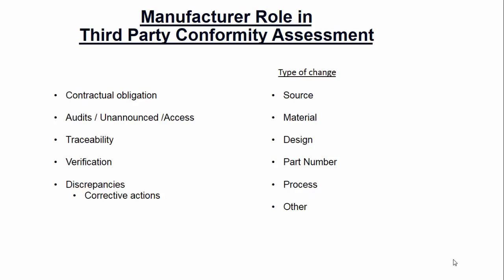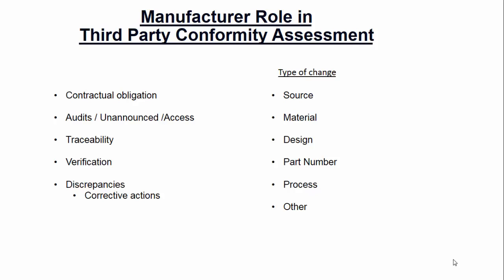So, a manufacturer's role in third-party conformity assessment. This isn't talked about often. Usually when you talk about SDOs, you're focusing on the certifier. But the manufacturer also has a role in verifying the conformity assessment. They enter into contractual obligations with whichever certifier they choose to verify and swear that they will always maintain continuing conformance of that product. So they open themselves up to audits and unannounced access to their factories and their warehouses.